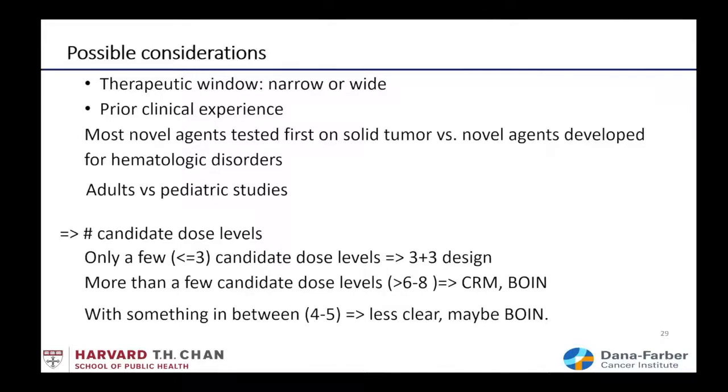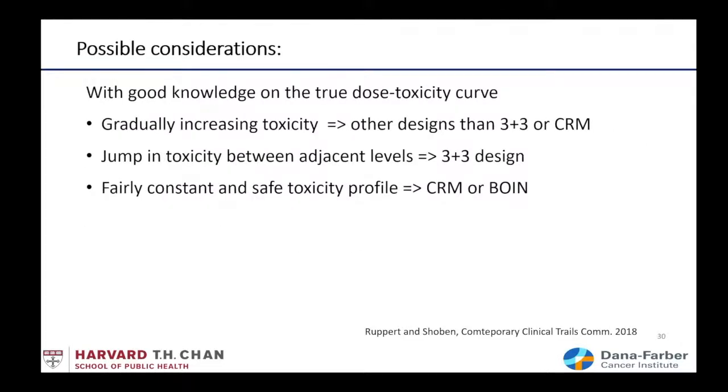If it's something in between, it's less clear, but based on the conversation Jeff and I had, I think the BOIN will probably be the way to go, as a combination of efficiency and straightforward implementation.